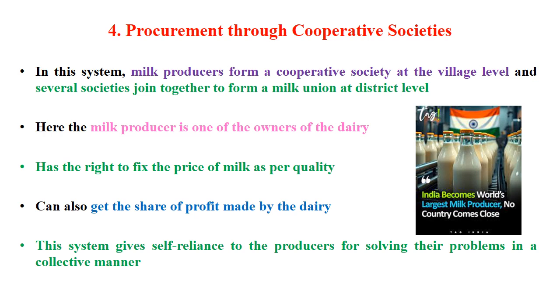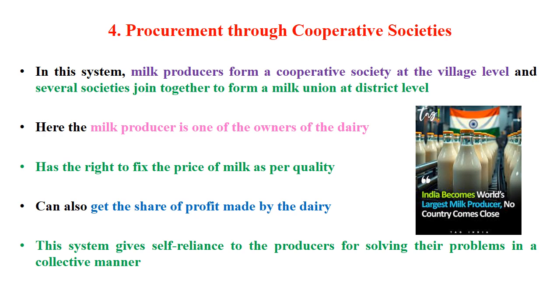So here the milk producer is one of the owners of the dairy, and they have the right to fix the price of milk as per the quality. Not only that, each farmer is a member of a cooperative society, so they get a share of the profit made by the dairy. So it is their own business, starting from production, then collection, then distribution and marketing.